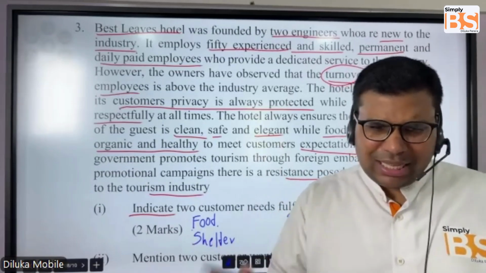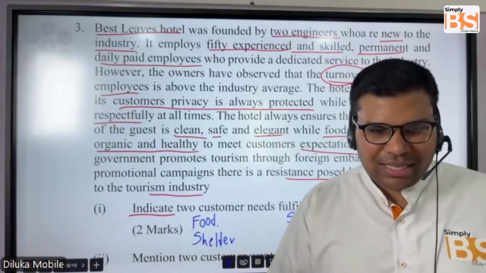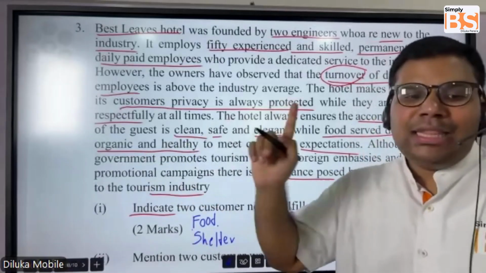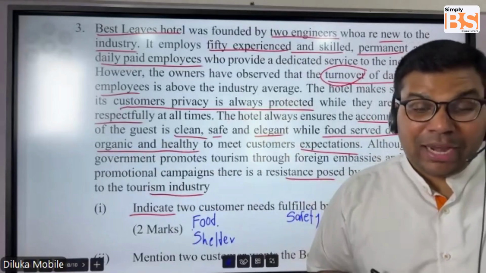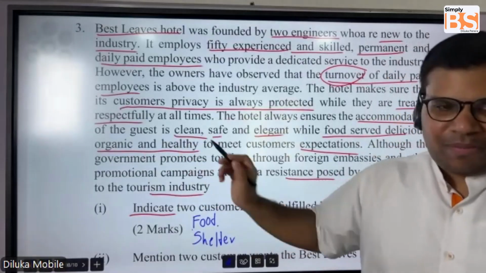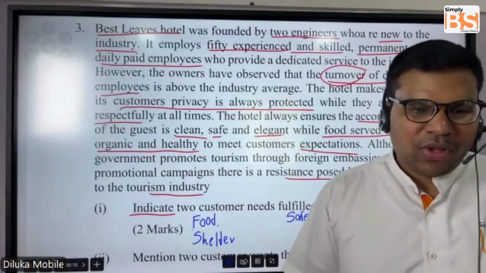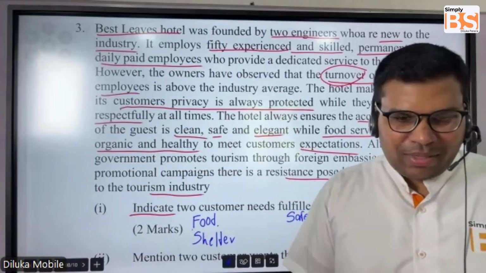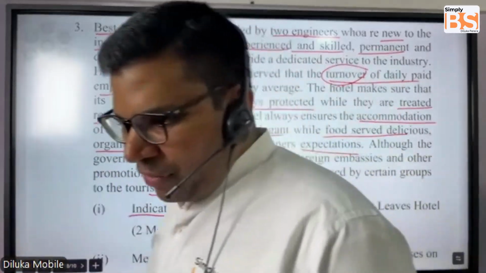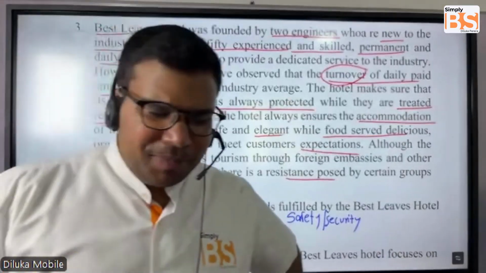All those things are there. If you go to the hotel, you have all these things. So organic and healthy food, you can take it as a want. Different ways of satisfying the need for food.